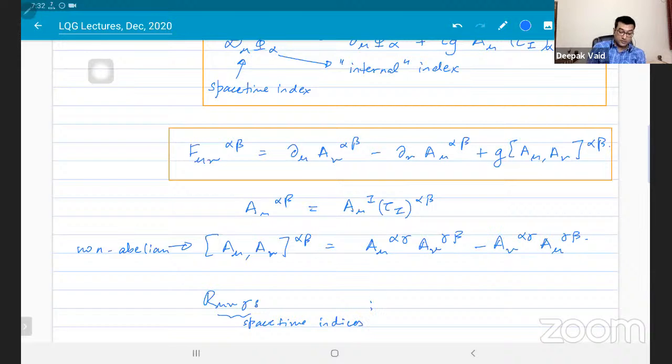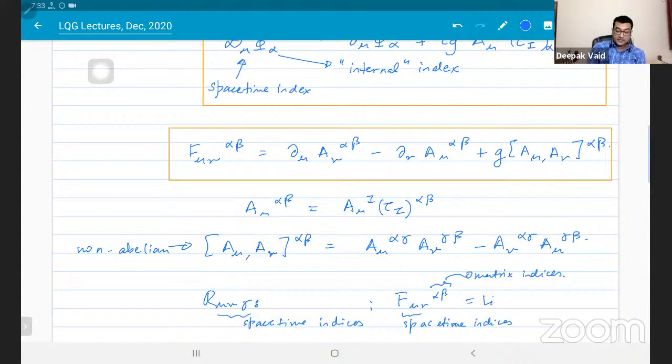But this non-abelian curvature has two space-time indices, and then these two are matrix indices. Right? So what is this F mu nu? This is matrix valued.